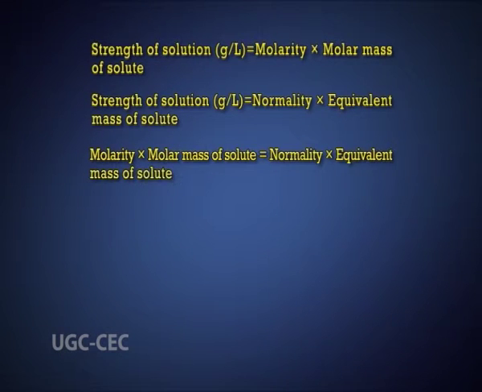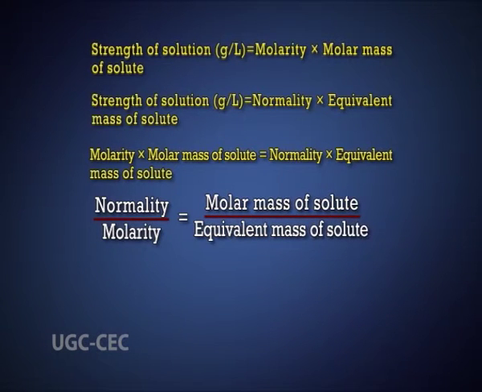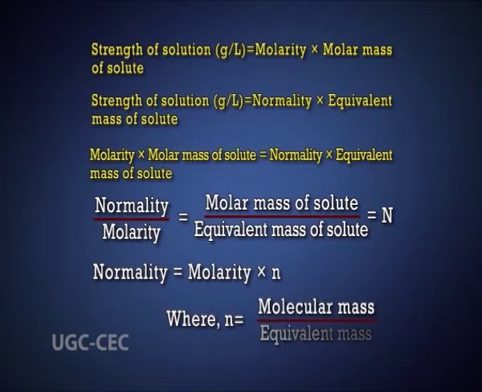That is, molarity into molar mass of solute is equal to normality into equivalent mass of solute. Normality divided by molarity is equal to molar mass of solute divided by equivalent mass of solute, which is equal to N. So, normality is equal to molarity into N, where N is equal to molecular mass divided by equivalent mass.